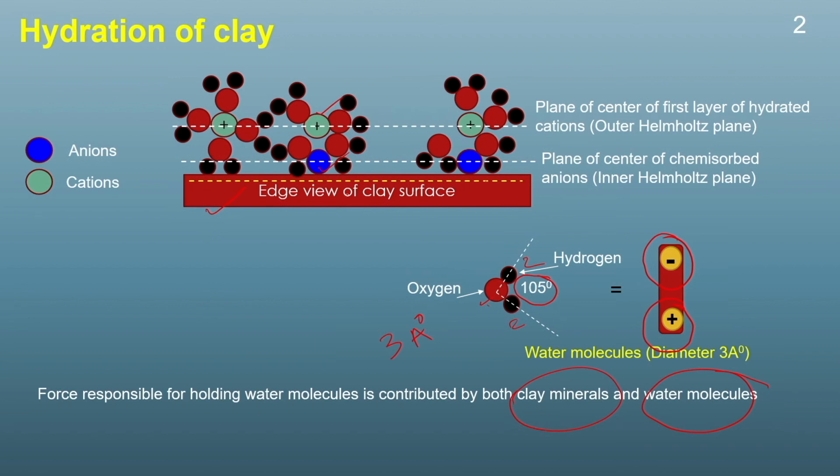Here you can see a view of a clay surface, the presence of negative charge over here, and then we have cations, we have the water molecules, and these are the anions. So, these water molecules will be attached to the clay surface because of hydrogen bonding.